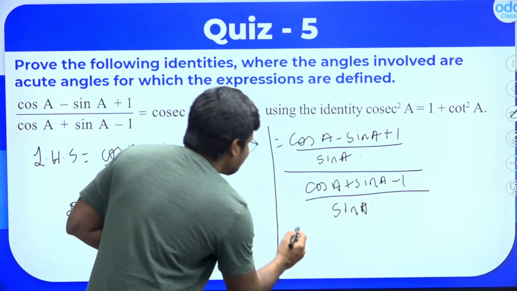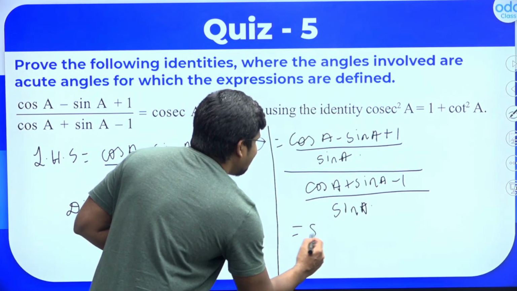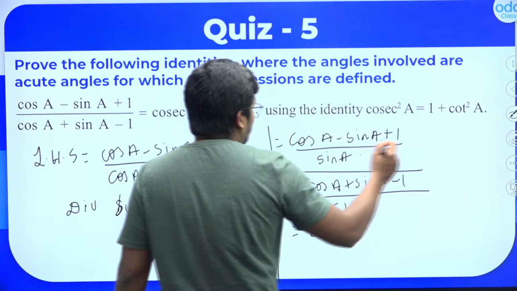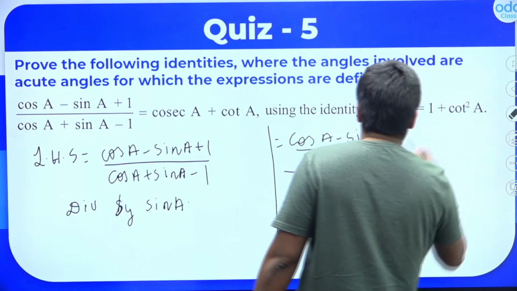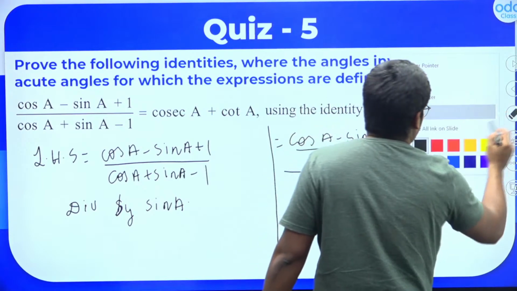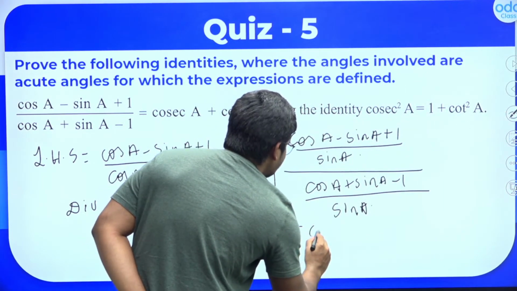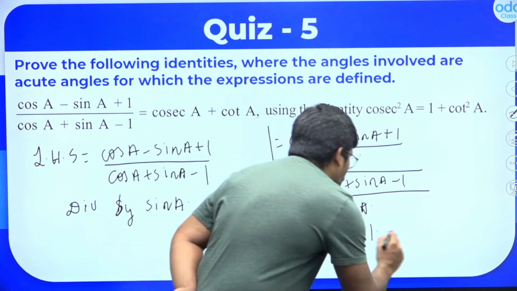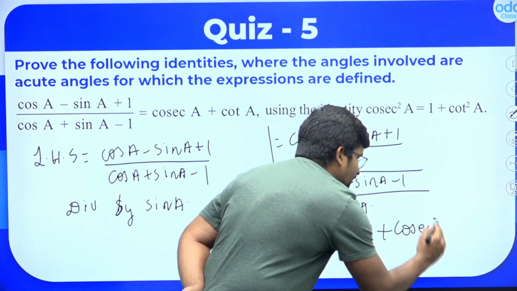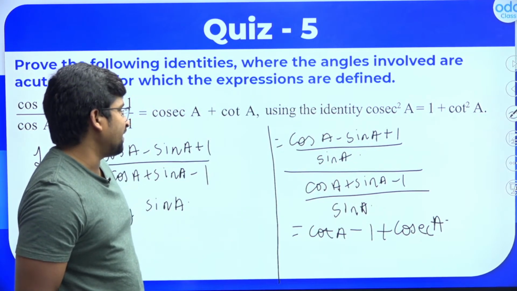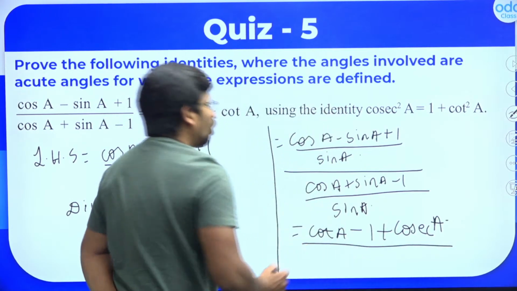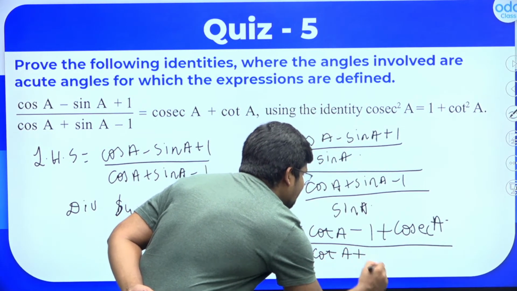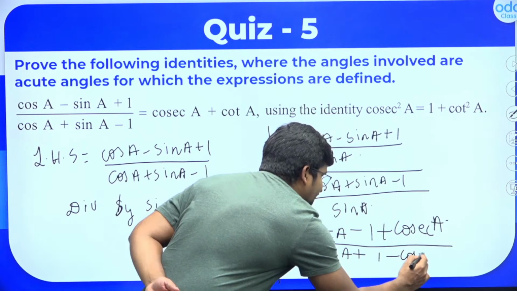You know that cos A by sin A is cot A. Sorry, cos A by sin A is cot A. So cos A by sin A is cot A, minus sin A by sin A is 1, plus 1 by sin A is cosec A. You can write it like this. 1 by sin A can be written as cosec A, whole divided by, again cos A by sin A is cot A plus sin A by sin A is 1 minus cosec A will be here.